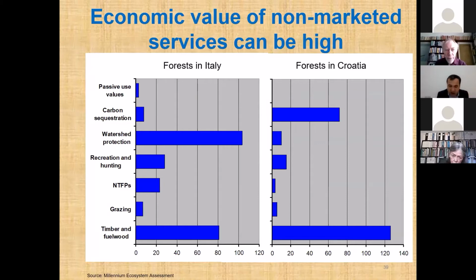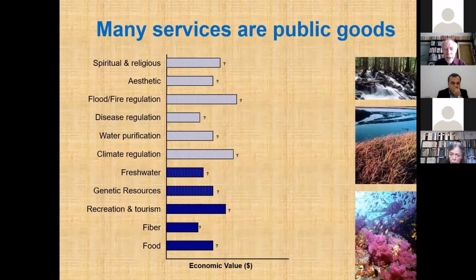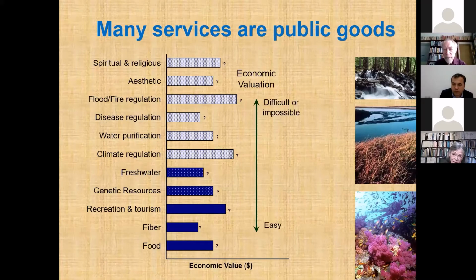So it's really big. Here is also a reminder that we have an economic value of those ecosystem services that are public goods. For example, fresh water, genetic resources, fibers, fire regulation, and so on. All these services have a huge economic value, although they are not paid in US dollars.